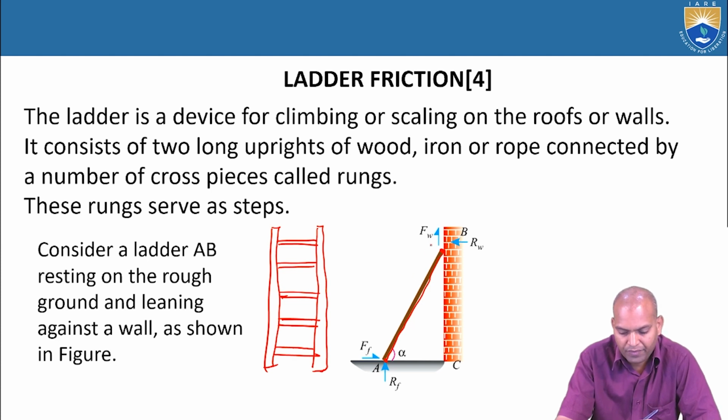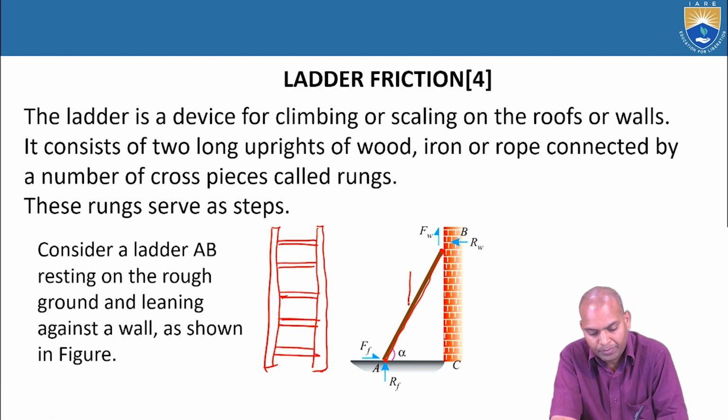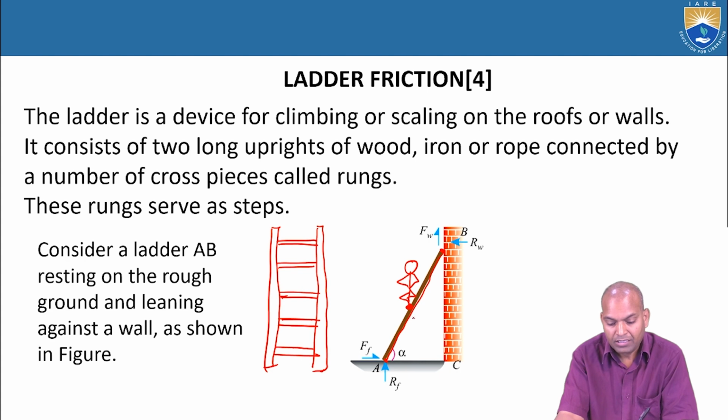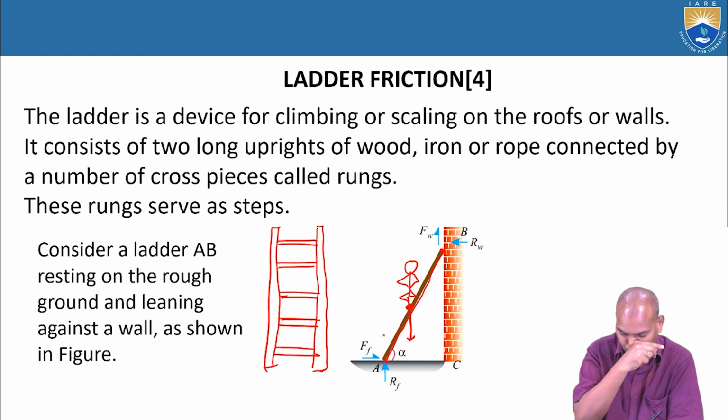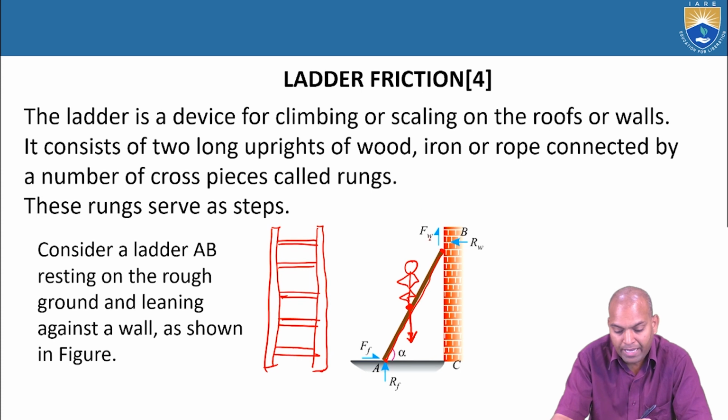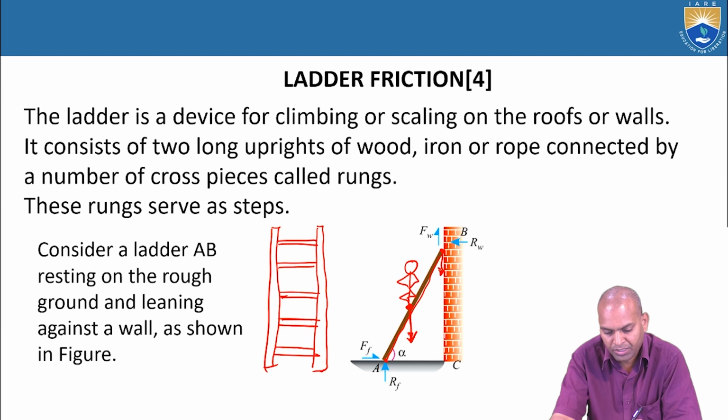So suppose when the person climbs the ladder and stands here, the load acts vertically downwards. When the load acts vertically downwards, the tendency of point B is to move downwards.